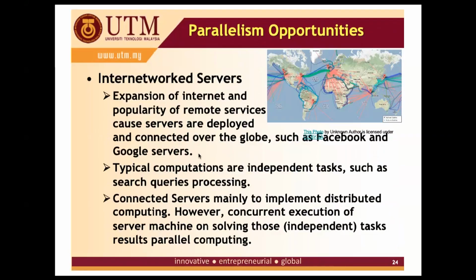Typically the computations are independent tasks such as search and query processing, and connected servers mainly implement distributed computing. However, concurrent execution on server machines solving those independent tasks results in parallel computing.